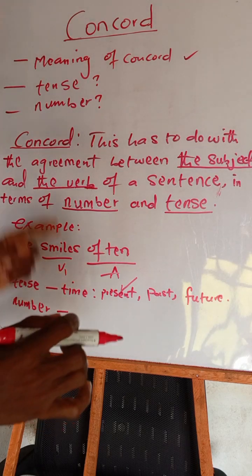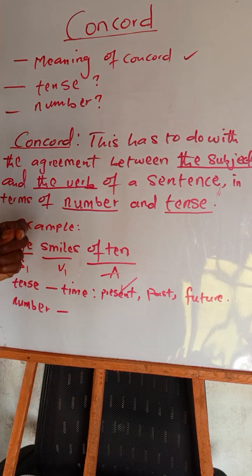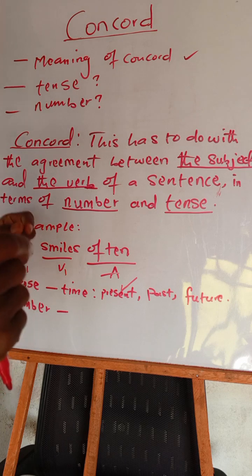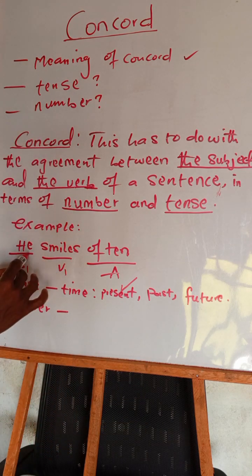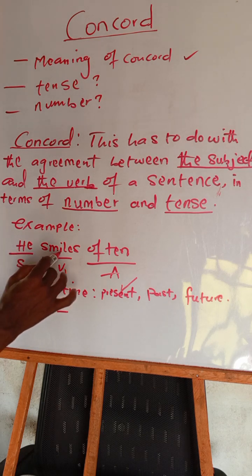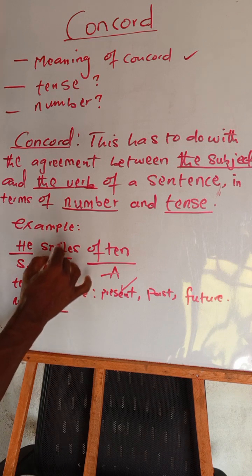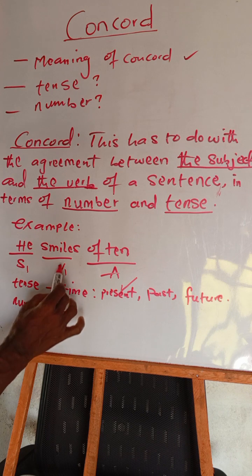Most often, verbs that have s attached to them are singular, although it's not in all cases. So in this case, you have he, which is a singular pronoun, and you have smiles, which is a singular verb.